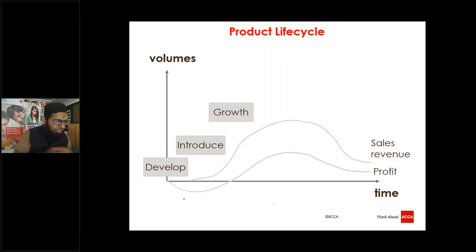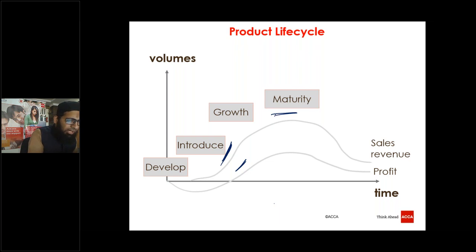Then we have a growth phase where our sales start to increase steeply, and so do my profits. Then there is a maturity phase at which my sales will be at peak, and so do my profits. And finally, the decline phase where the sales have started to drop, as well as the profits. So these are the phases of a product life.